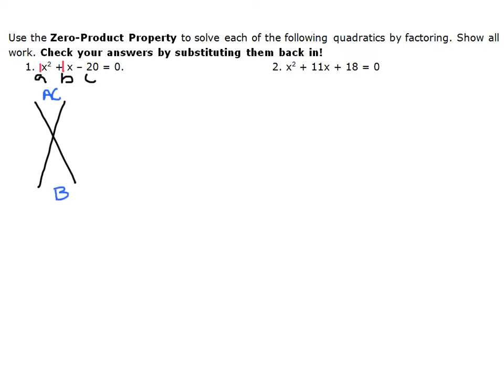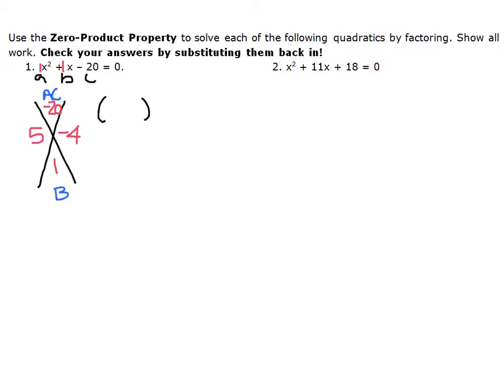So A times C, which is 1 times negative 20, is negative 20. B is 1. So now you think about it. What numbers multiply to negative 20 but add up to 1? You guys know that you can do that in your calculator. The numbers are 5 times negative 4 is negative 20. 5 plus negative 4 is positive 1.